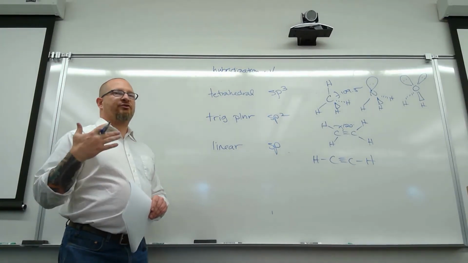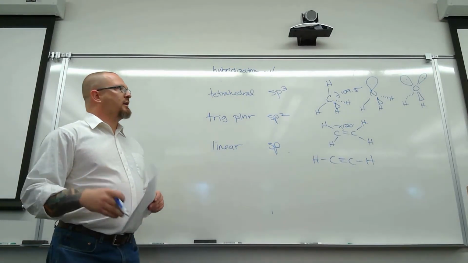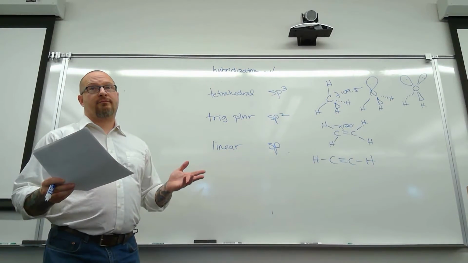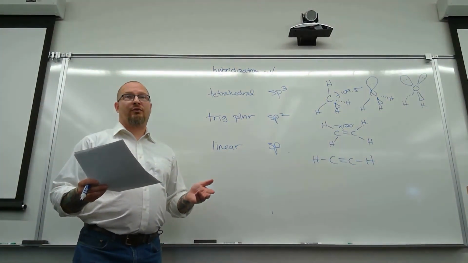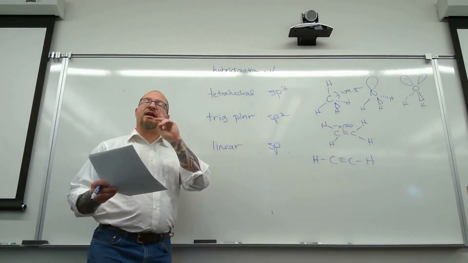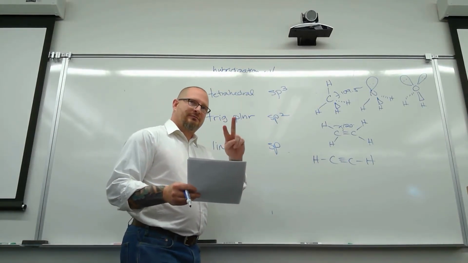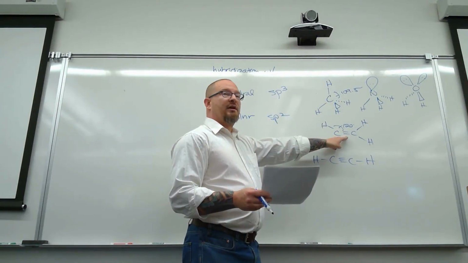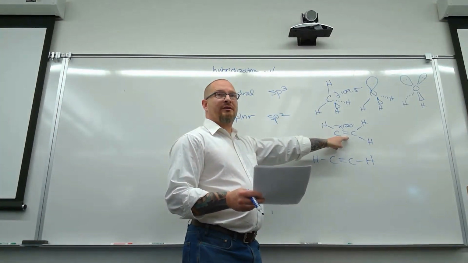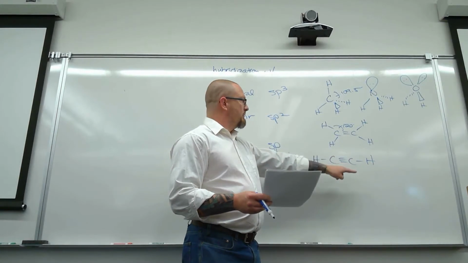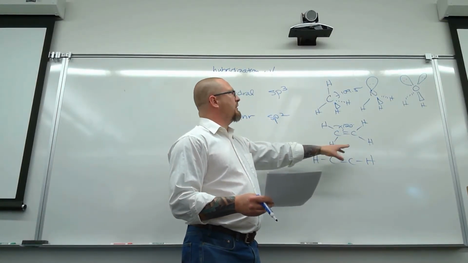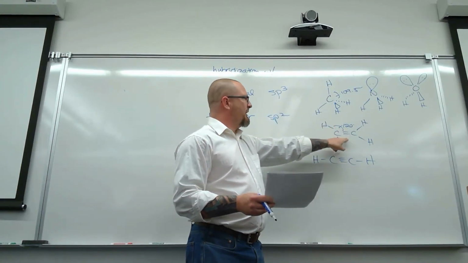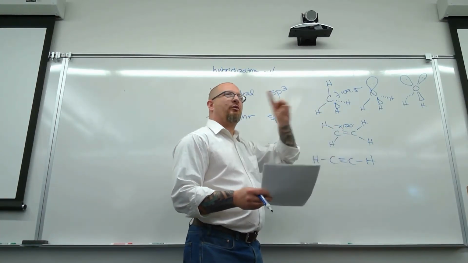Another shortcut is you can look at this and say, if it's all single bonds, it's going to be sp3. If it has two bonds to the carbon, or rather, let me rephrase that, we're going to go with pi bonds.